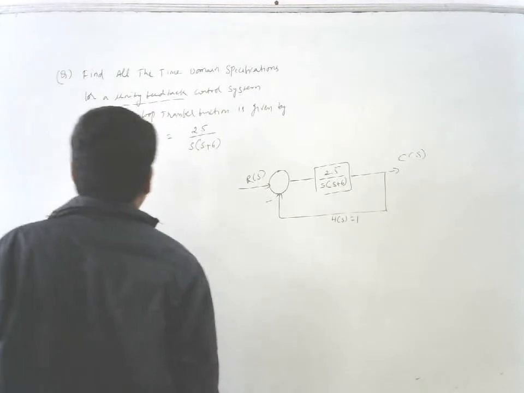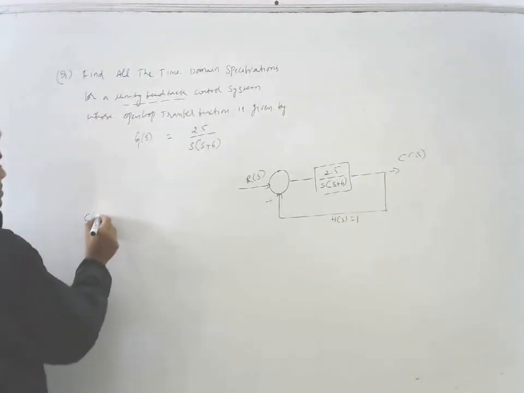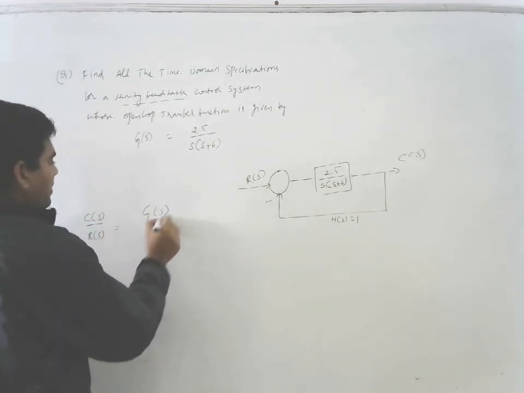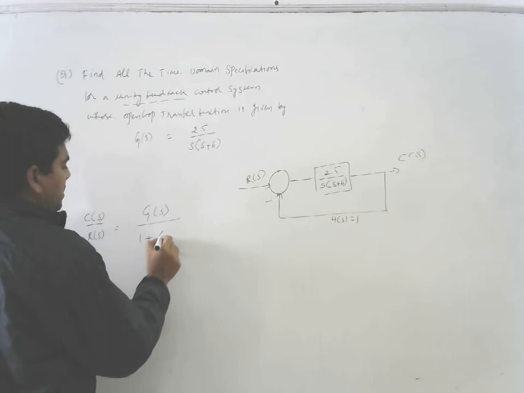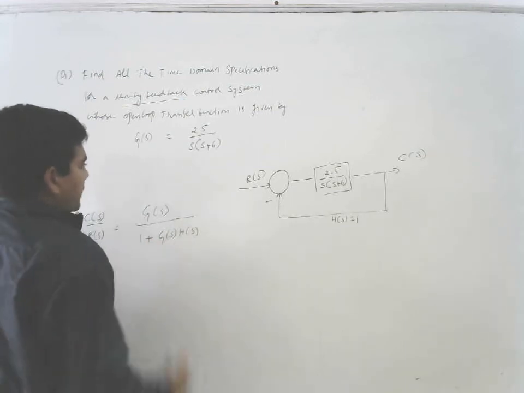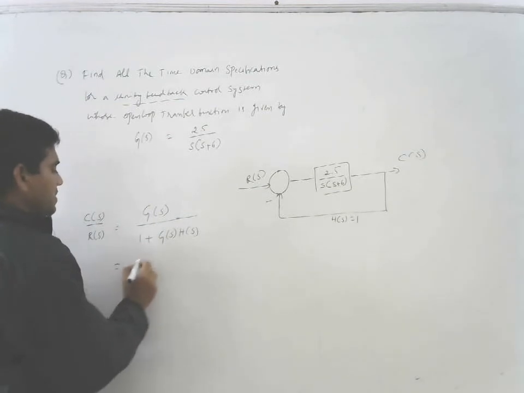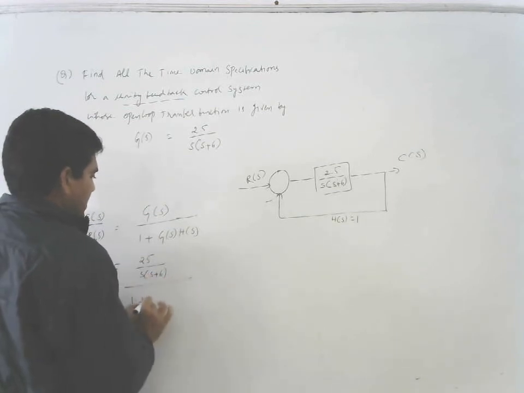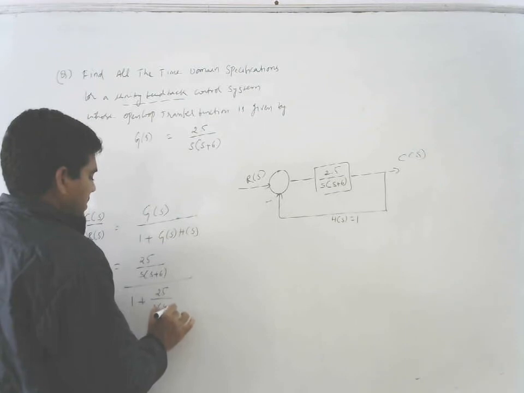Now I require to find C of s by R of s. For a negative feedback system, it is G of s divided by 1 plus G of s into H of s. G of s is 25 divided by s into s plus 6, whole divided by 1 plus 25 divided by s into s plus 6 into H of s, whose value is 1.